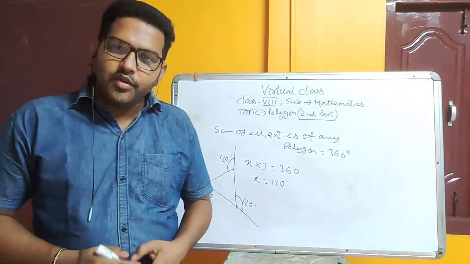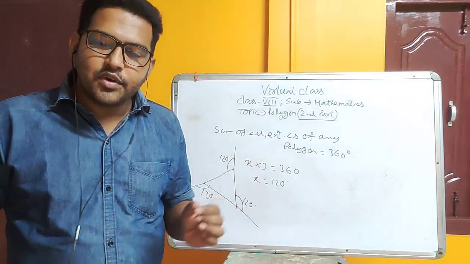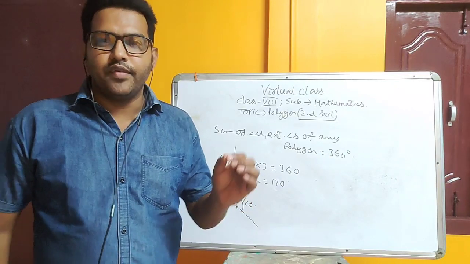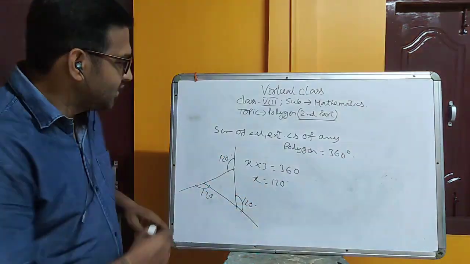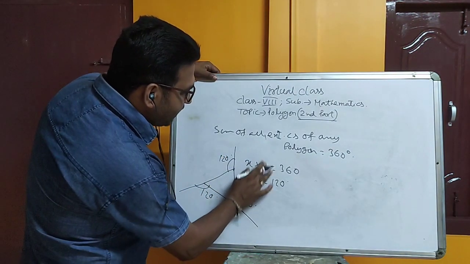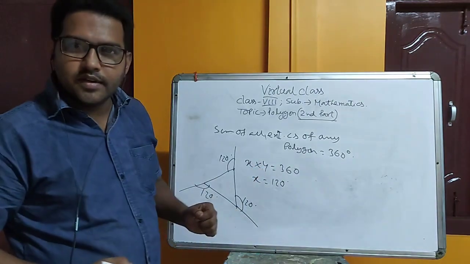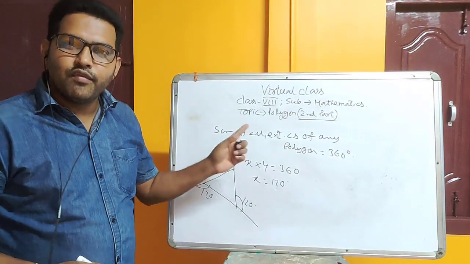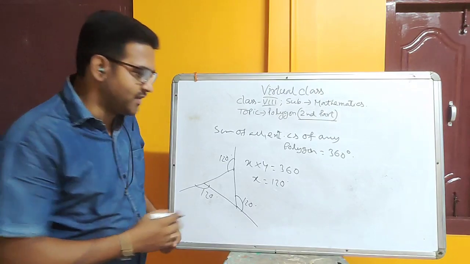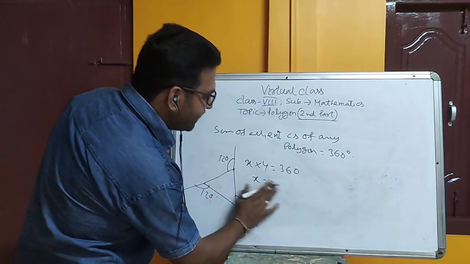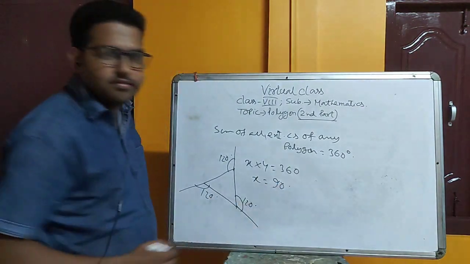Similarly, can you find the measure of each exterior angle of a regular quadrilateral? It will be x into 4 is equal to 360, because there are 4 exterior angles of equal measure. So x becomes 360 by 4, which is 90.